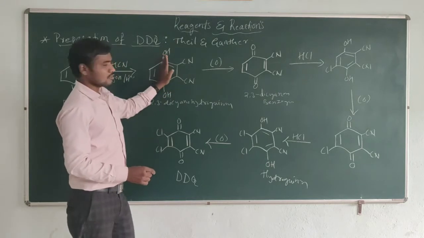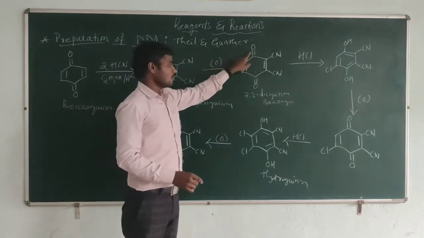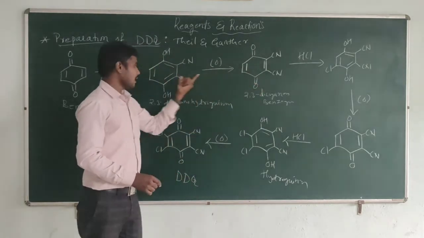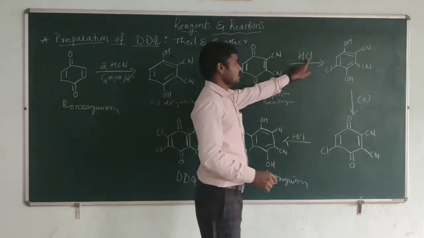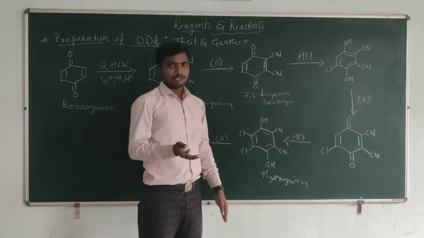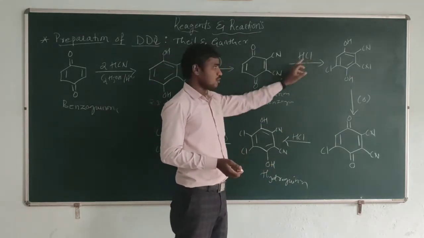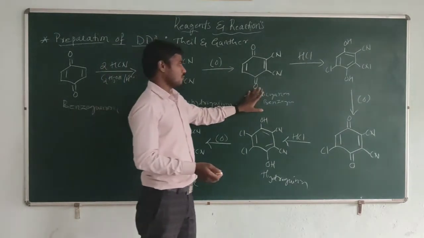This means the cyano groups get substituted at the 2,3 positions. This hydroquinone molecule is again oxidized into a benzoquinone, because compared to hydroquinone, benzoquinone is more reactive towards the next reactant molecule, that is HCl. So we oxidize the hydroquinone into a benzoquinone.